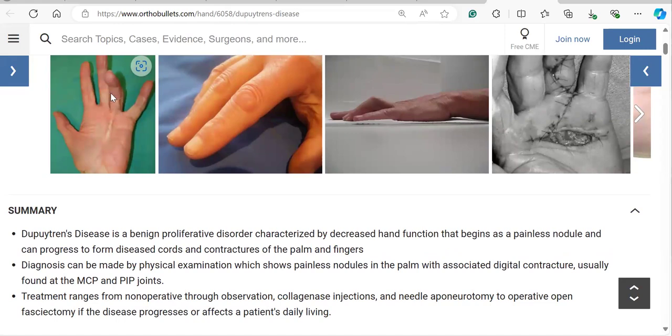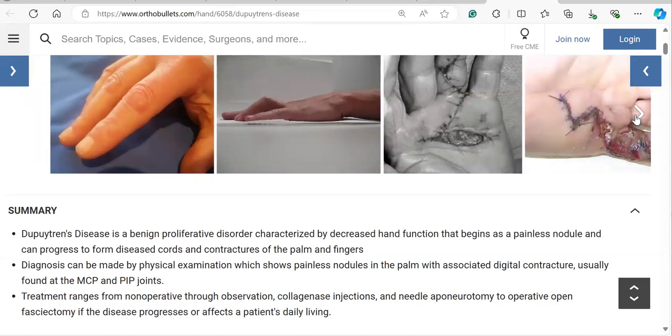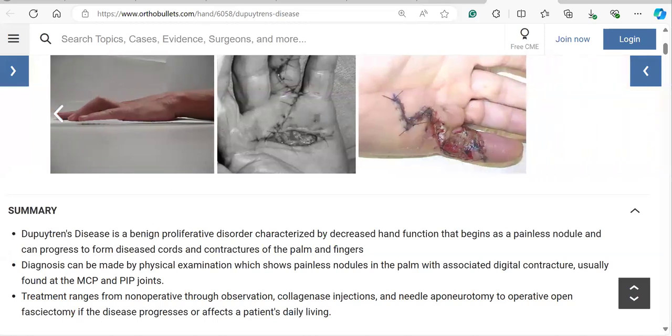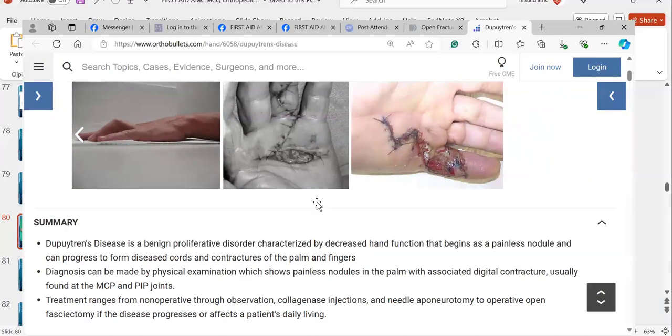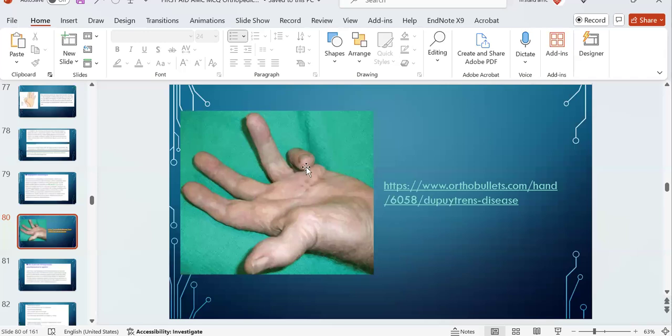Not much of a contracture of the interphalangeal joint. In such a situation, you can still go for a collagenase injection. But not this one. The patient that I have shown you, like this one, who has PIP contracture, for that patient collagenase is not the best option. For that patient, you will need to go for surgery.